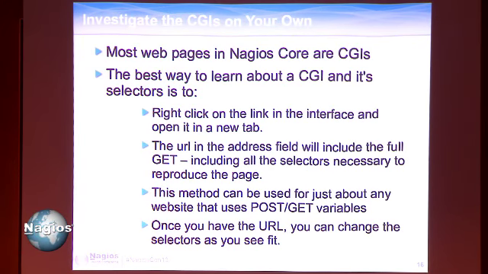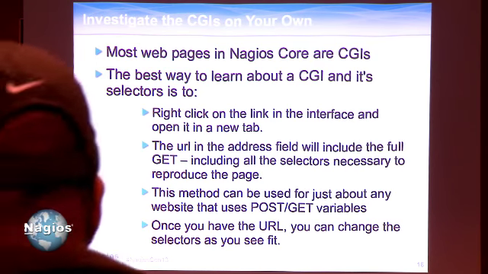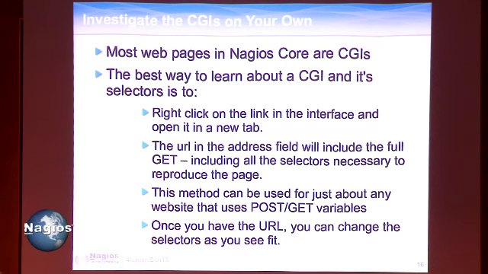There are too many options, too many selectors. Right-click on a link that you're interested in to learn what the actual full URL is. These are GETs. So you right-click, open a new tab. You can investigate the URL from that point to understand what types of selectors or key values you can actually use to limit the HTML you're going to receive from the CGI.